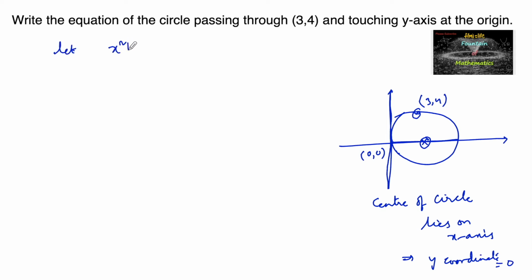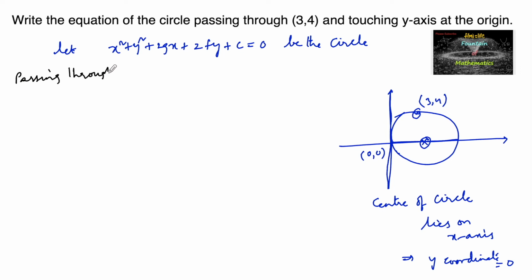Let x square plus y square plus 2gx plus 2fy plus c equals 0 be the circle. Since this circle is passing through the origin, 0 plus 0 plus 0 plus 0 plus c equals 0. So we can conclude that c is equal to 0.